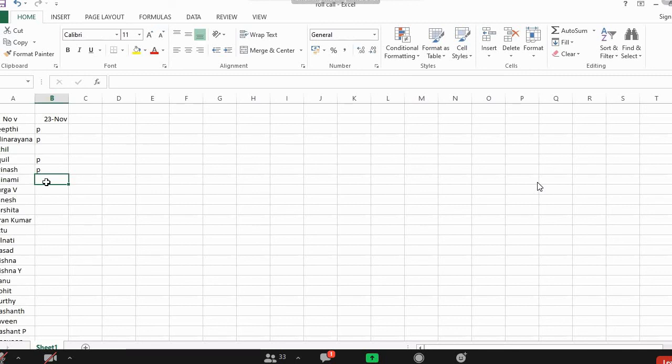Chinmay? Yes, present. Durga? Yes, present. Ganesh? Yes, present. Okay, Ganesh is from Kiran's batch, so I'll write the initial here. Harshita? Yes, Pooja. Kiran Kumar? Yes, present. Kittu?